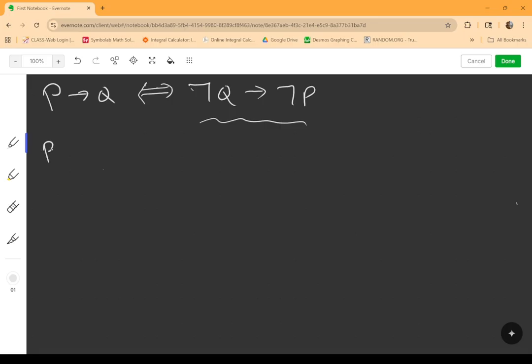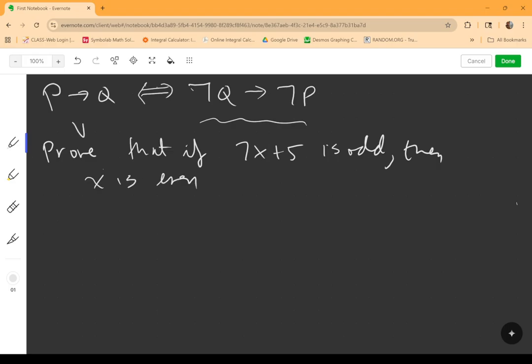So let's say we were asked, prove that if 7x plus 5 is odd, then x is even.